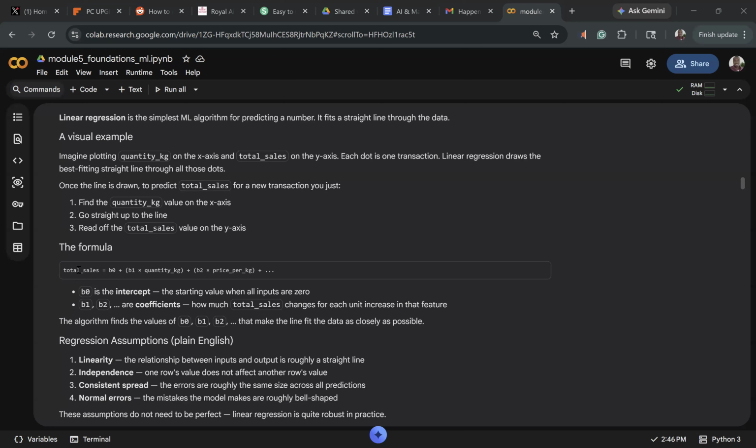So the formula for linear regression, when we are trying to predict total sales, is equal to this constant intercept, when every other value is 0.